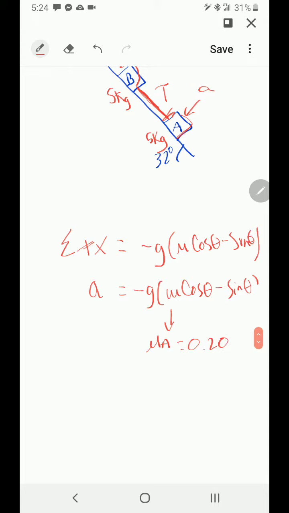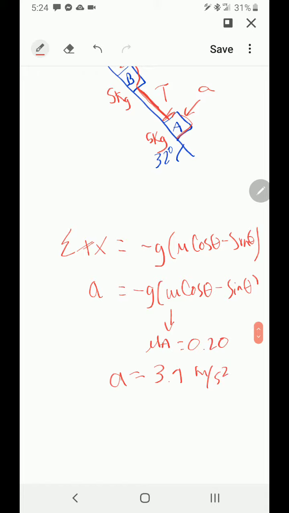So you plug in 0.20 times the cosine of the angle, which is 32, minus the sine of the angle, which is 32. That will give you 3.1 meters per second squared.